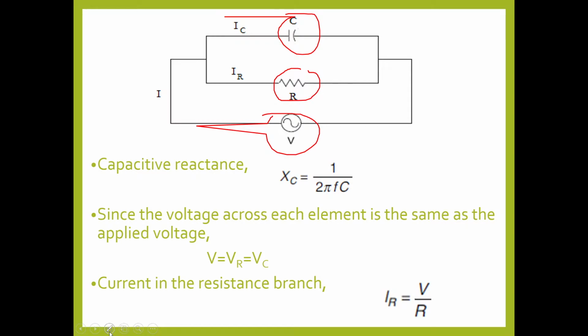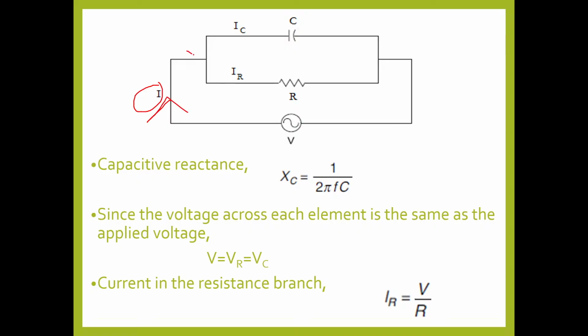Since they are connected in parallel, what will happen? The current that is flowing into the circuit from the source will divide into two branches. Current flowing through the resistor is IR, current flowing through the capacitor is IC. So what is capacitive reactance?